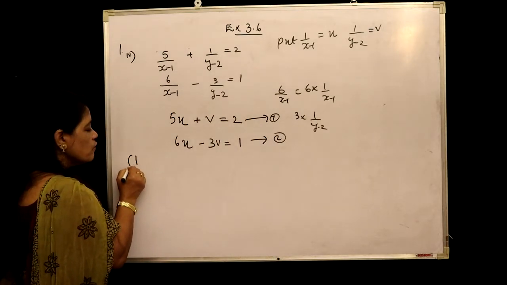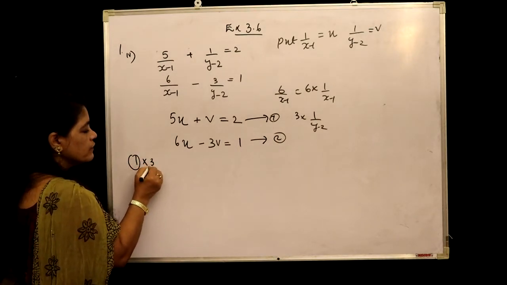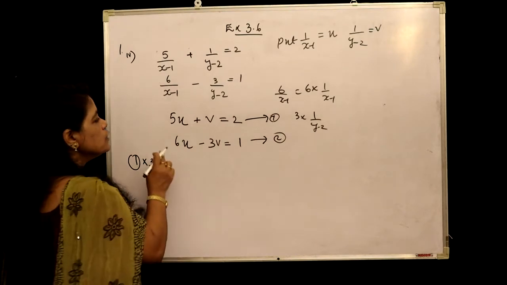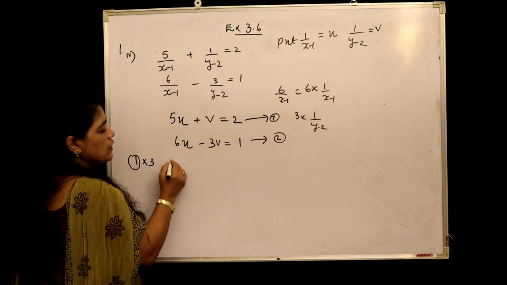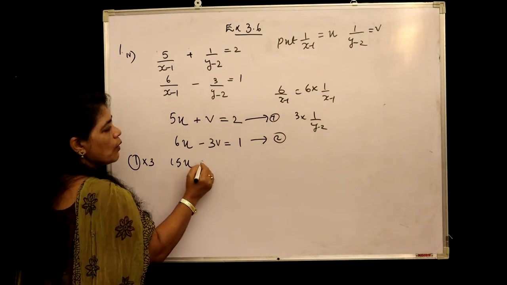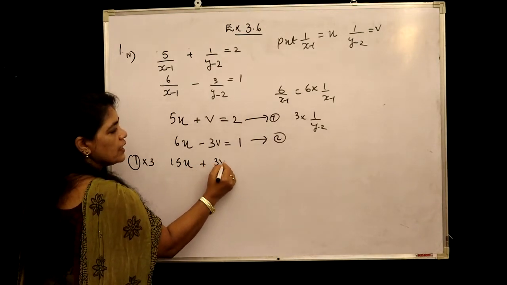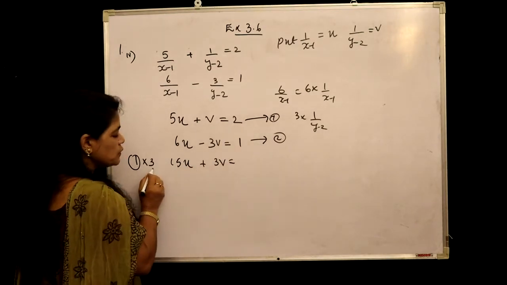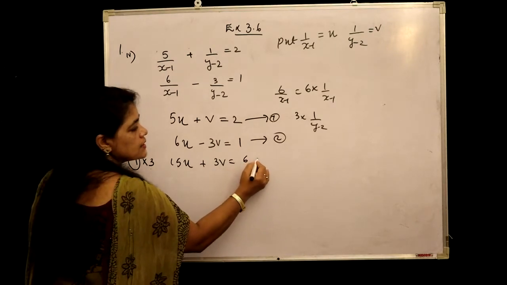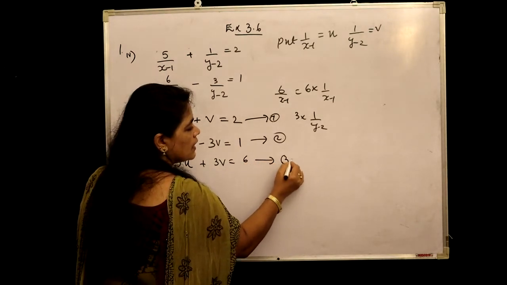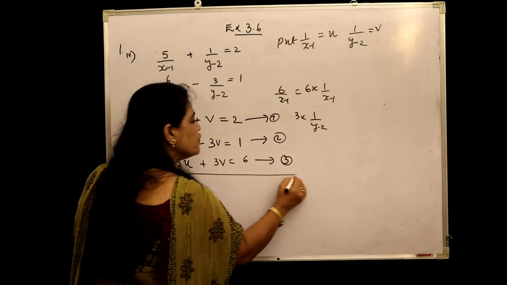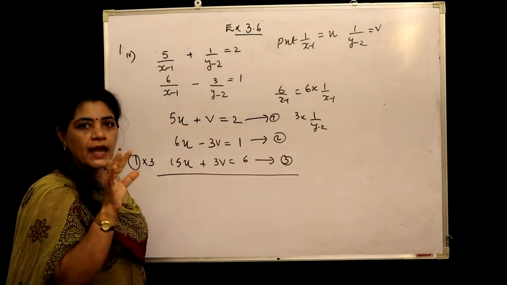Equation 1, I am going to multiply with 3. So 5 into 3, 15u, plus 3v is equal to 2 into 3, that is 6. This can be equation 3. And since there is no change for equation 2, I am keeping it as it is.